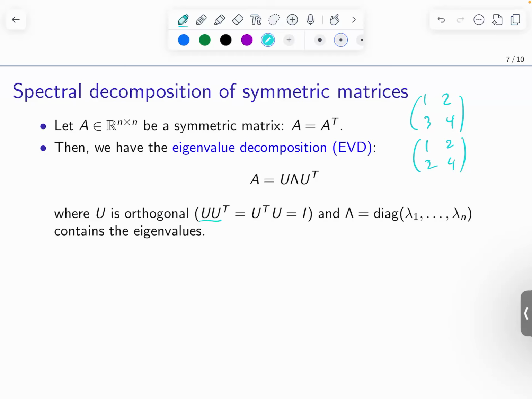Orthogonal means U transpose U and U U transpose are both equal to I. All the matrices involved are n by n. Lambda will be diagonal, with elements lambda 1 up to lambda n. This is my notation for a diagonal matrix which has these entries on the diagonal and zeros elsewhere.